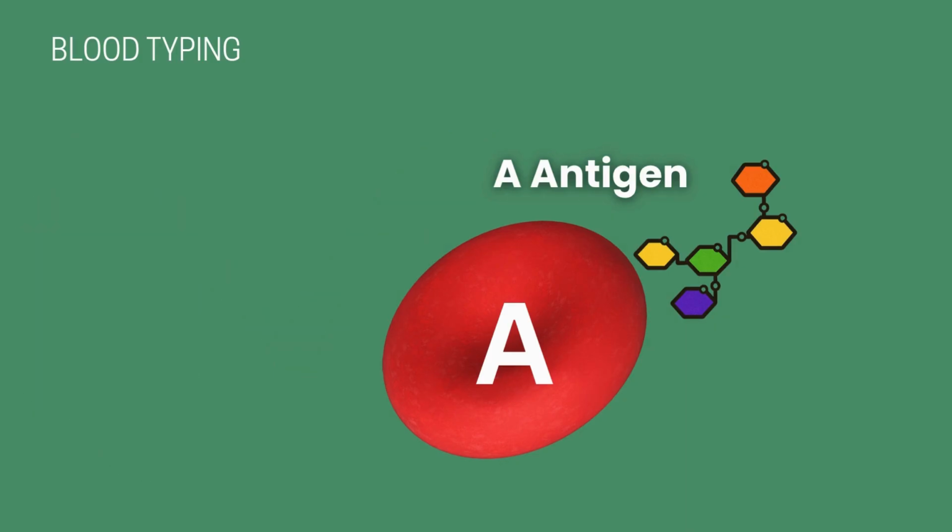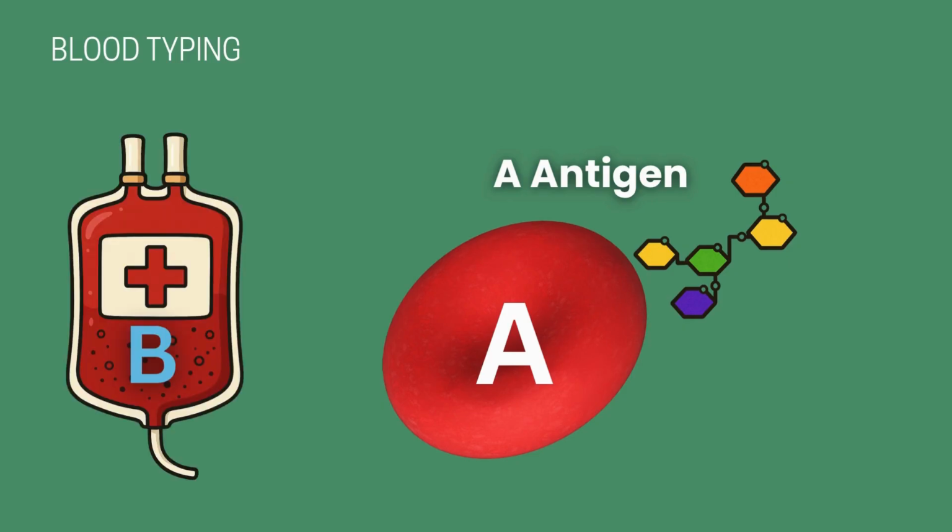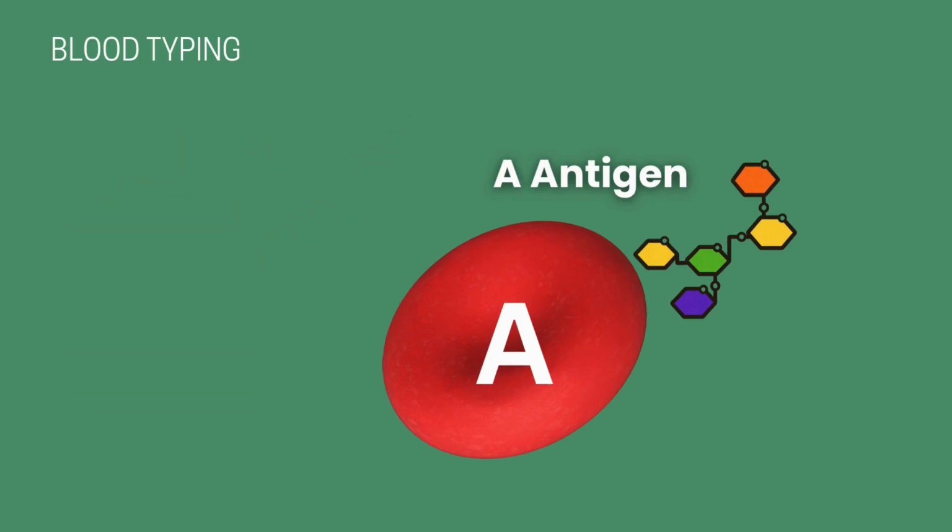If, however, you give the A blood type patient B-type blood, they will have a reaction. The person receiving the donation has A-type antigen on the red blood cell surface, and the donor blood has B-type antigens on its surface. The recipient's body will recognize this as being foreign and have an agglutination reaction. The blood type A patient might now get a blood donation from a person who has type AB blood.